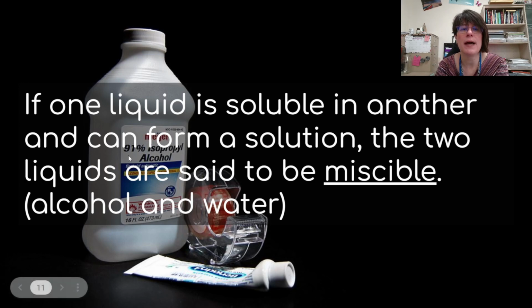And if we look in the background at the label, it says 91% isopropyl alcohol. That means that's 91% alcohol, 9% water is mixed in with it. And when you look at rubbing alcohol, you cannot see the difference between the two. So they are miscible, they are mixable, and they are both liquids.